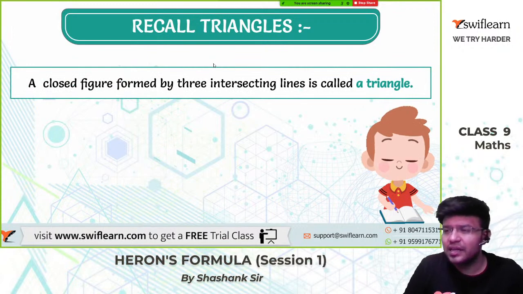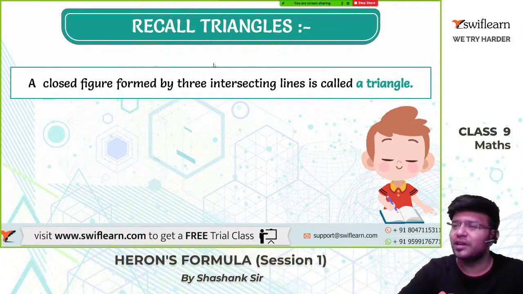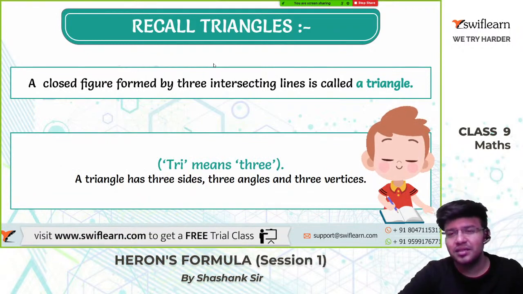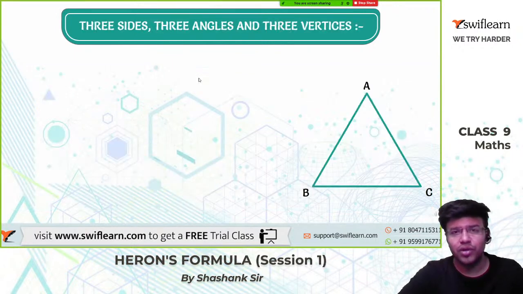What is a triangle? Can you comment in the chat if you know this? A triangle is a geometrical figure enclosed by three lines. Tri means three, angle means angle, so the measurement of three angles is a triangle. A triangle has three sides, three angles, and three vertices.